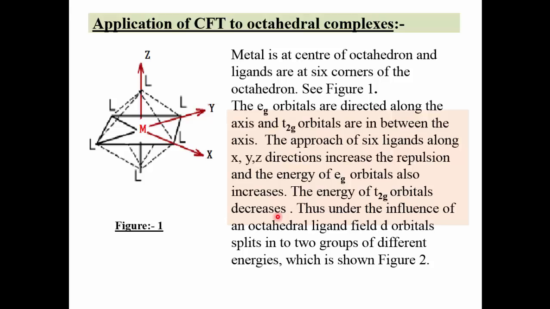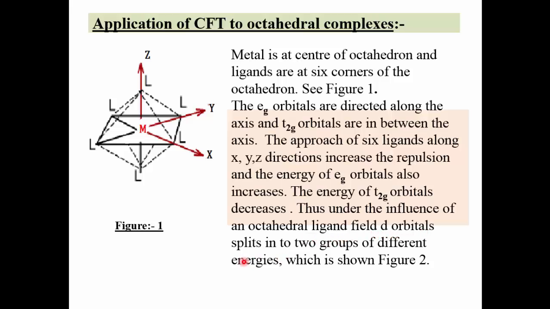Again I repeat, as Eg orbitals are along the axes, ligands are also along the axes, and therefore there is strong interaction between ligand and Eg orbitals, and therefore their energy increases. While T2g orbitals are in between the axes, and hence there is no interaction with the ligand, and therefore their energy decreases.